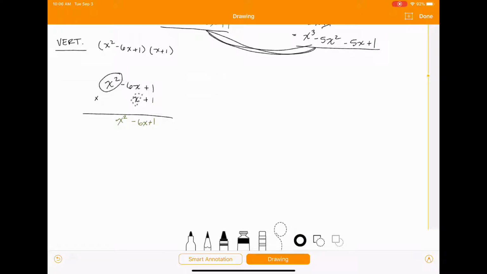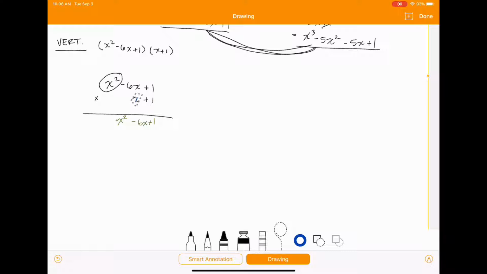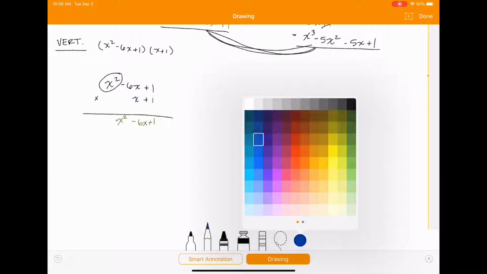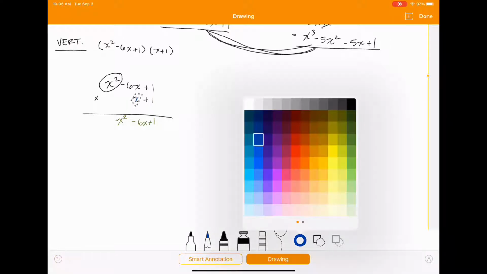And we'll make this one blue. All right. So now you're going to take each of these numbers from up here and multiply it by the blue value.